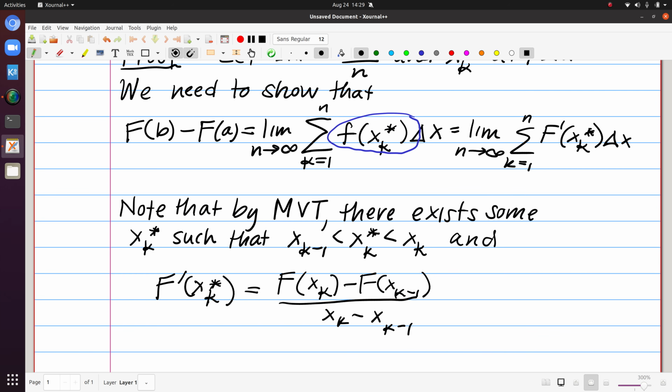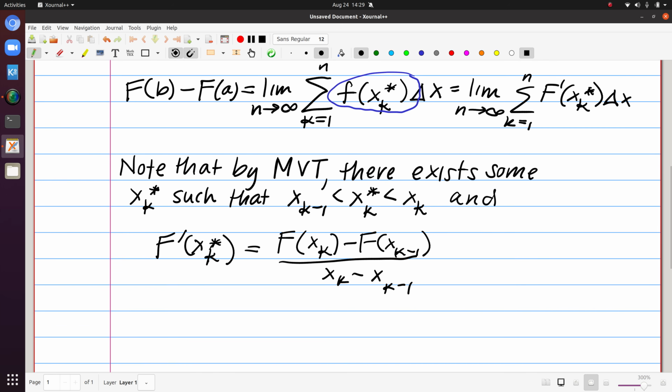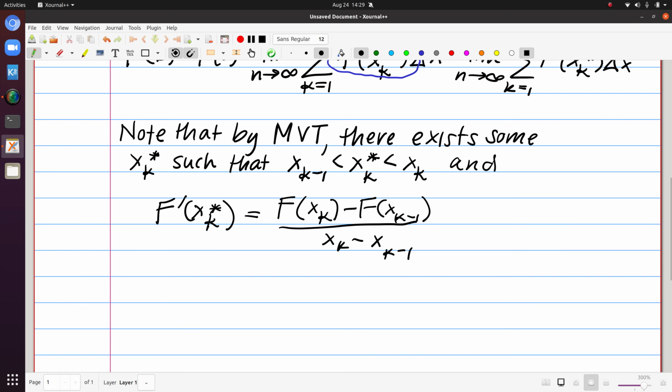The only reason I didn't put C here is that we're basically using the mean value theorem on each of our n subintervals, and I just wanted to have a way of notating which subinterval I'm in. And it was handy to use the notation we've already described before. So xk star is some arbitrary point within the indicated subinterval. And I'm now going to set those two sides equal by applying the mean value theorem.